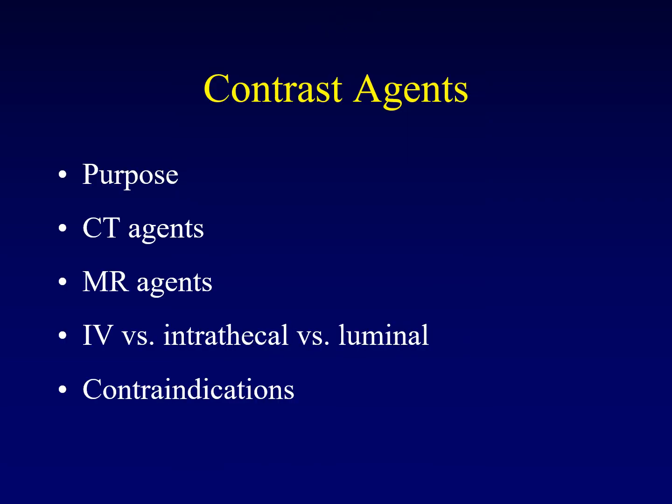Okay, let's talk about contrast agents. I know that we've talked about this in previous lectures, but it's so important to our discussion in neuroradiology that it's worth reviewing these concepts. The purpose of contrast agents is to have two different tissues that look the same before you give contrast, and then after you give contrast, they are easily distinguished from one another so you can tell which kind of tissue it is.